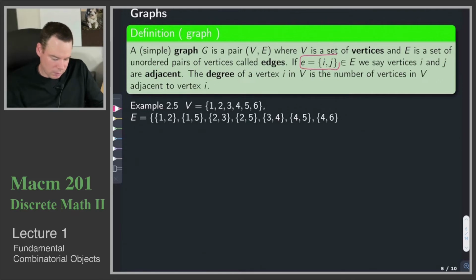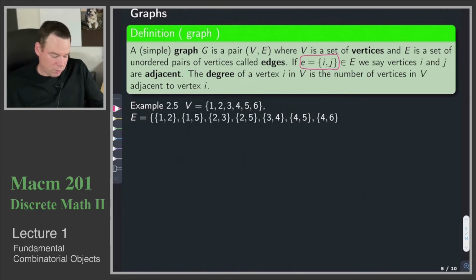We'll call it little e. That's a typical element. It's a pair ij, where i is a vertex, j is a vertex, and if that is an element of the edge set, then we say i and j are adjacent. The degree of a vertex in the set V is the number of vertices that are adjacent to vertex i.